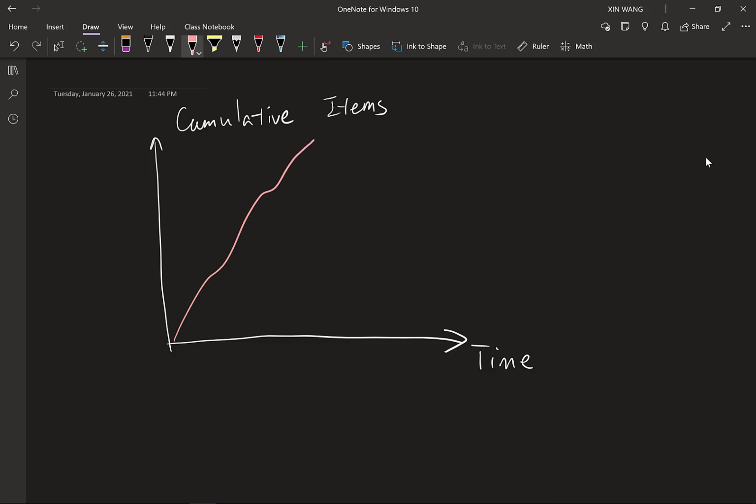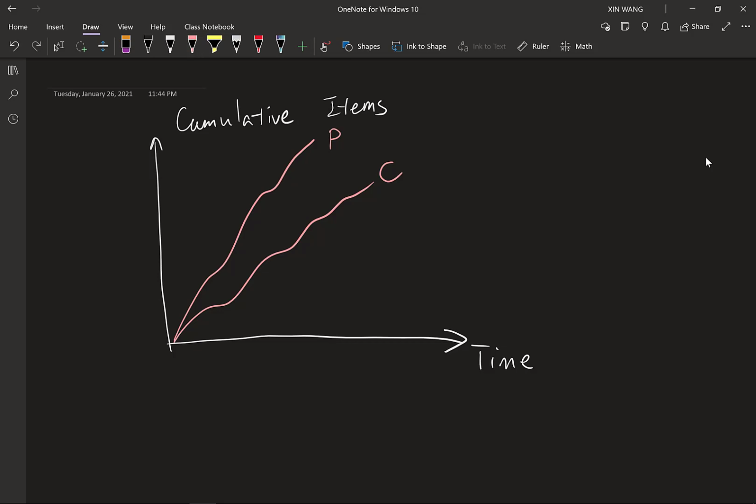In one case, let's say this is the cumulative production line and this is the cumulative consumption line. In this case, the cumulative production is always higher than the cumulative consumption, so the system will explode as there are so many products which are not consumed.